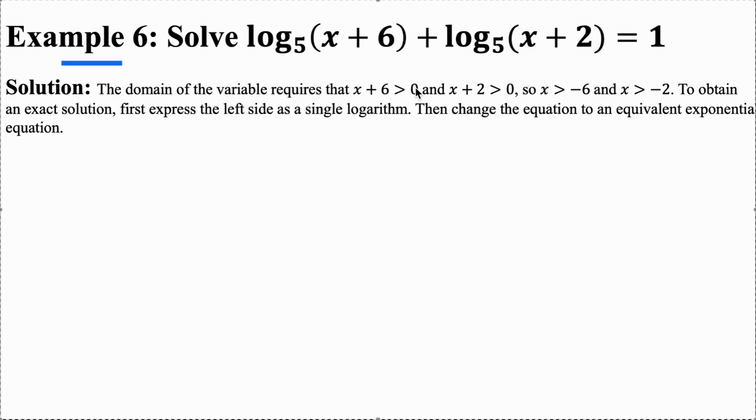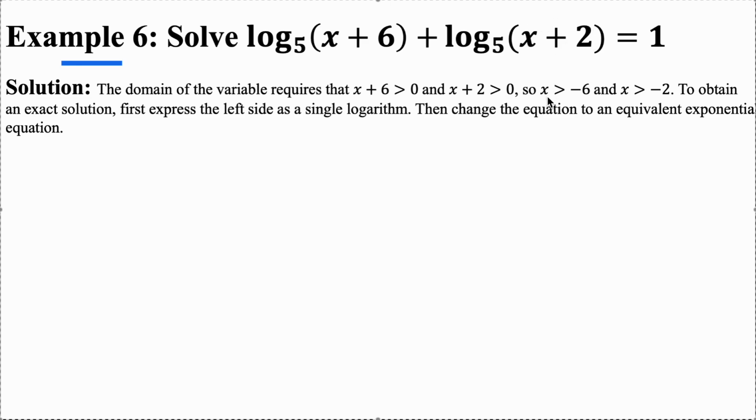The reason is that you cannot take the logarithm of negative numbers. So we want to come up with those x values that would make this expression here positive, bigger than 0. And the same over here. We have to say x plus 2 is bigger than 0. That is, find the x values that would make this positive.